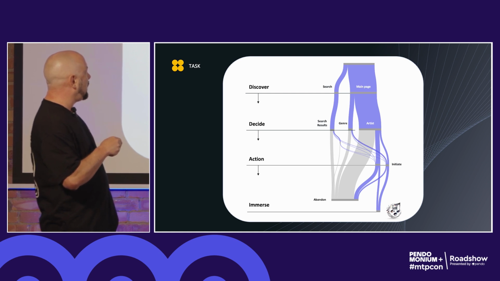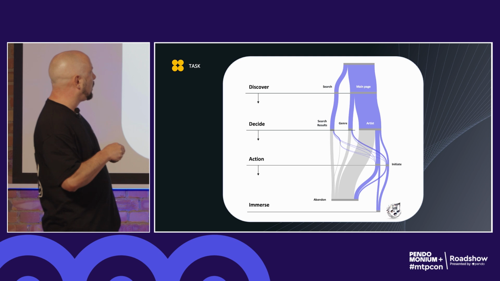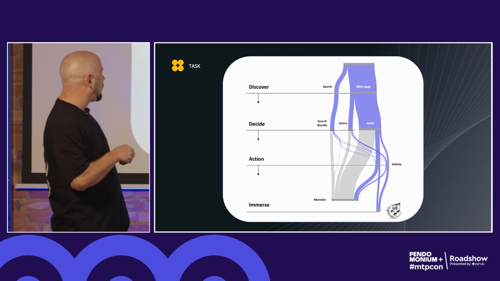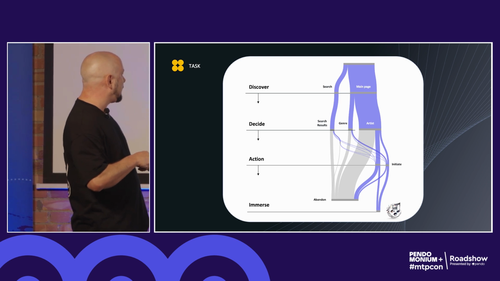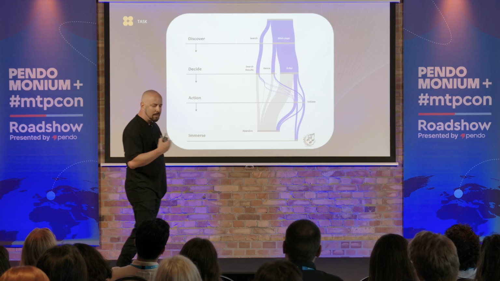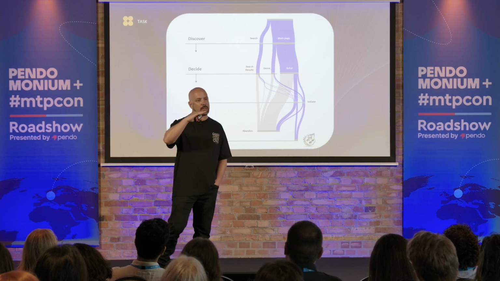On the main page, they might go to genre or to a specific artist, and based on that, a certain amount take an action. Not all of those actions lead to a music listening experience, which would be that. Some of them lead to an abandonment, and so on, right? This is all made up, right? The important thing here is that you start understanding the flows.